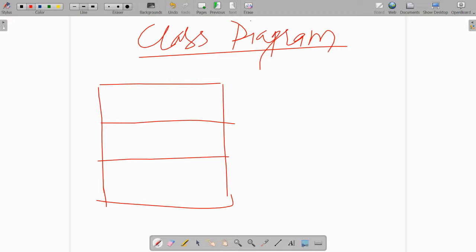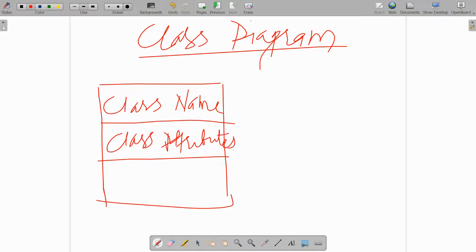This is in general I'm talking about; we will see with a specific example. So the first block will be the class name. The second will talk about the properties, so it will be called the class attributes. And the last will talk about the operations of the class.